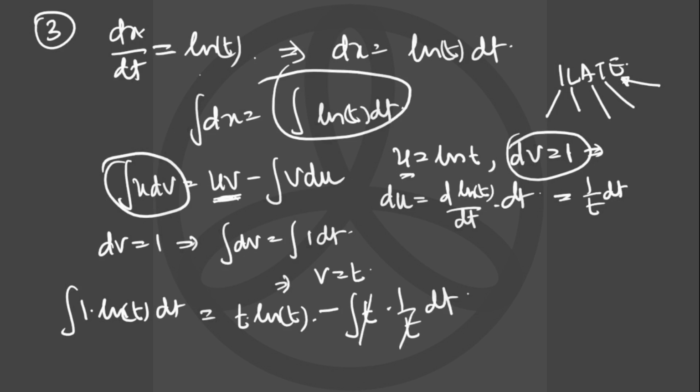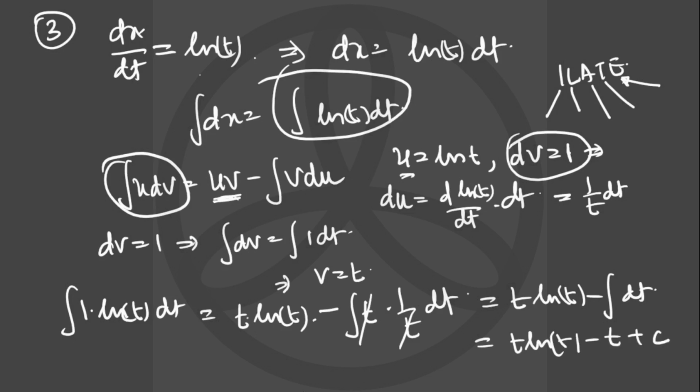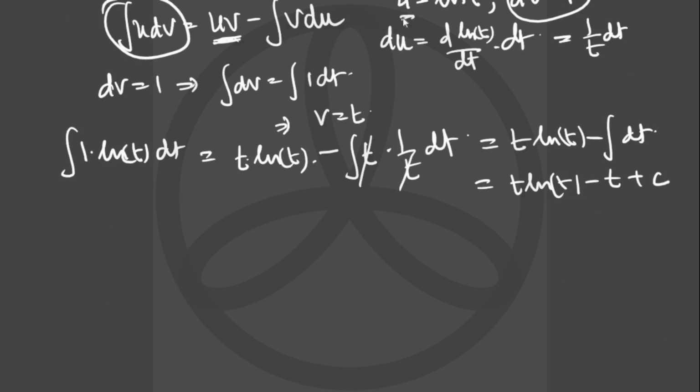This will cancel each other out, and here we get only t ln t minus the integration of dt, and this will give us t ln t minus t plus a constant of integration c. Right, friends?